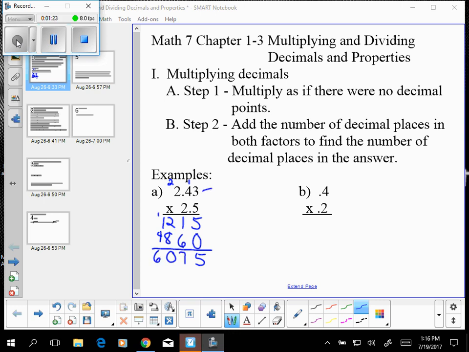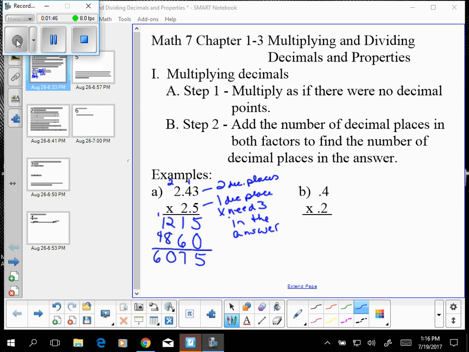Now, notice that here we have 2 decimal places. Here we have 1 decimal place. That means we need 3 in the answer.